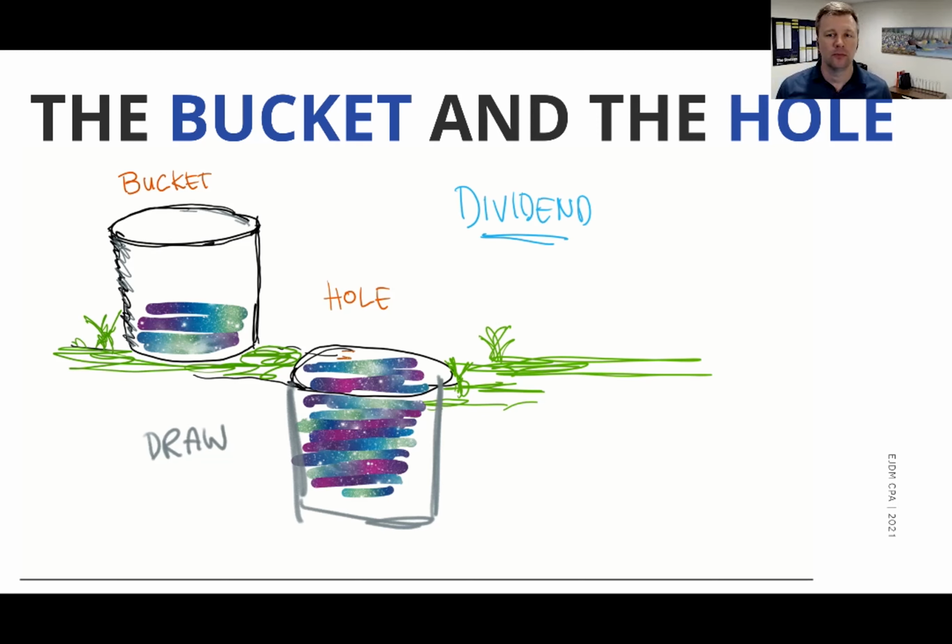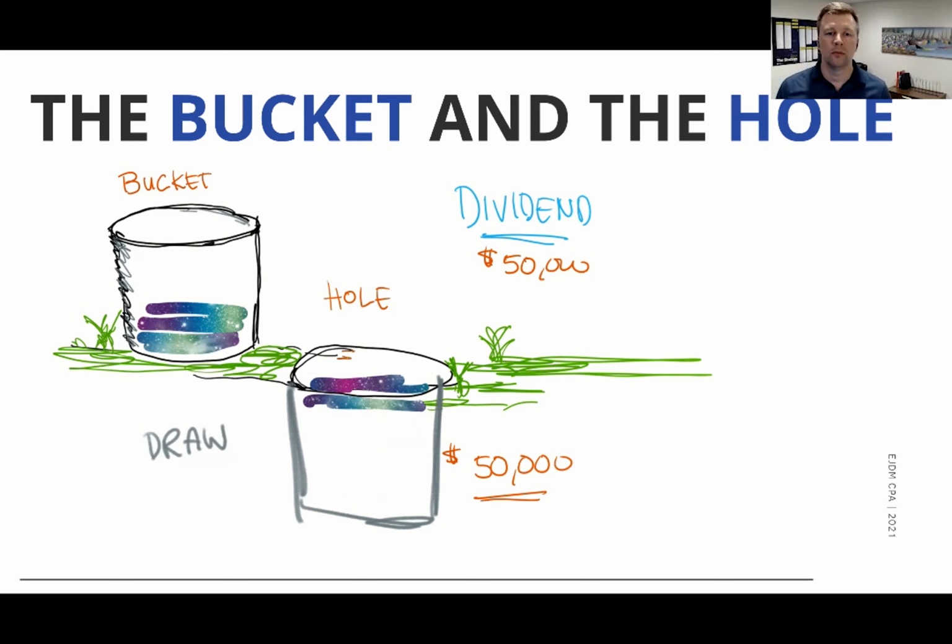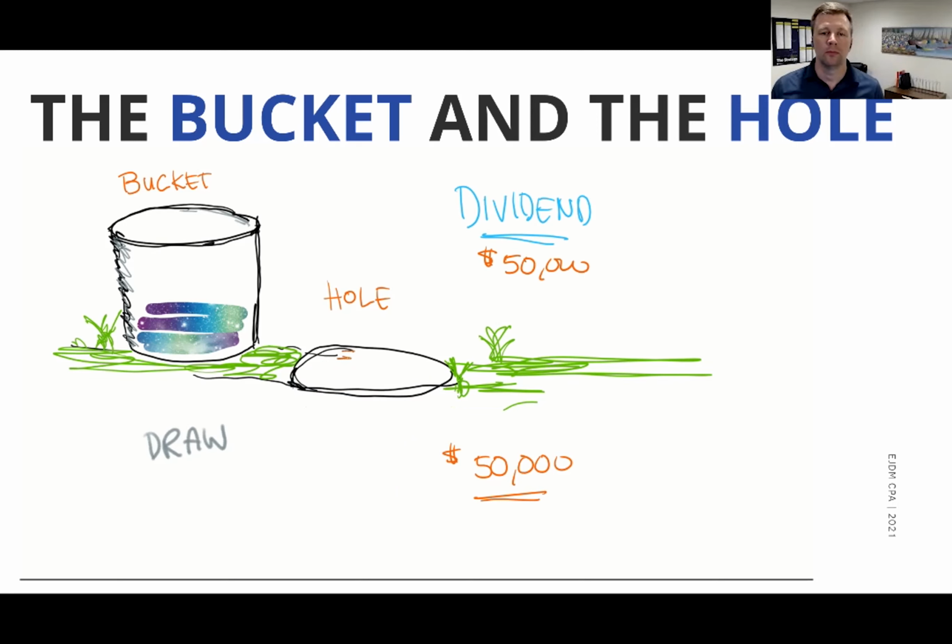So the example would be, I take $50,000 over the course of a year in various formats. That's my hole. What my accountant will do is say, let's do a dividend for $50,000. And the reason why is because that fills in my hole. Now it's gone, and I'm back to square one.